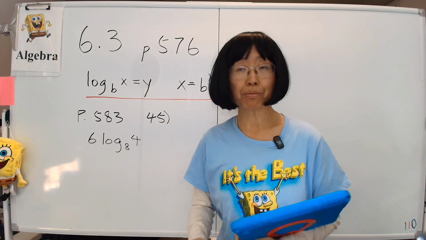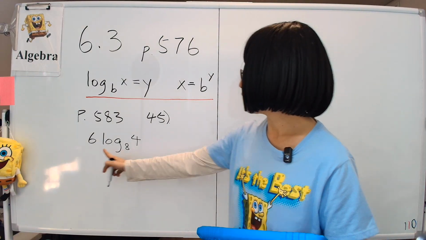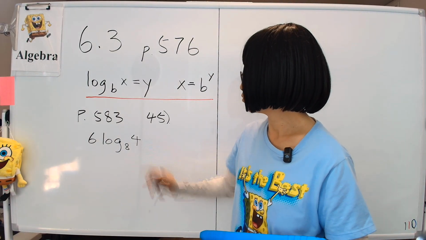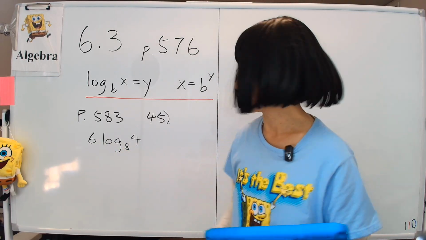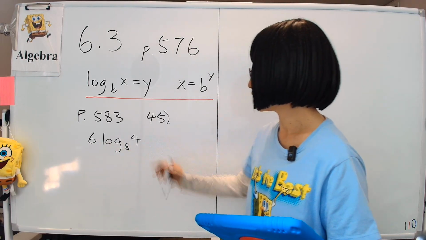Next, let's look at problem 45. Now, we have 6 log base 8 of 4. Well, we'll ignore the 6 for now, and just figure out what log base 8 of 4 is.